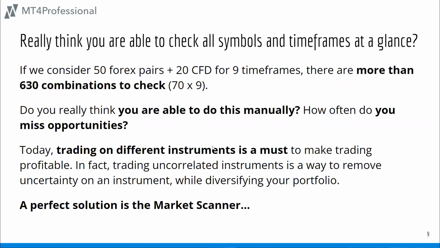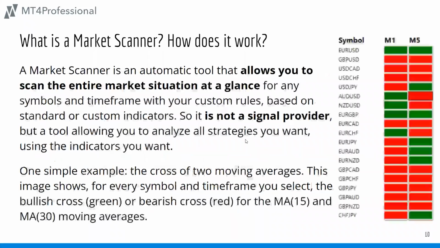So you have multiple instruments to help diversify your trades and to get you into trades, because there's always a trend somewhere and you want to be able to find it. So a market scanner is a perfect solution for trading and for this setup.